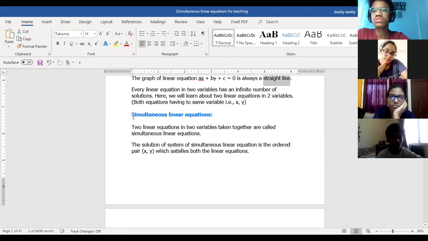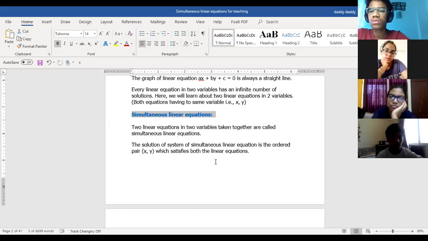Simultaneous linear equations means that you will get a pair of linear equations, equation number 1 and equation number 2. And you have to solve both the equations together to get the common values of x and y, such that when your values of x and y are put in the first equation and the second equation, they satisfy both equations.